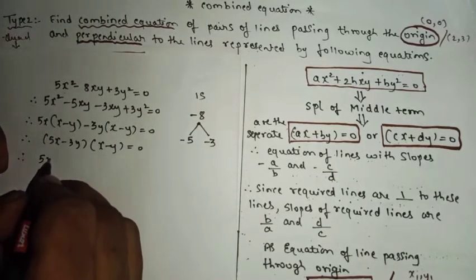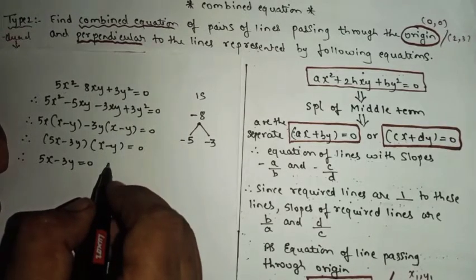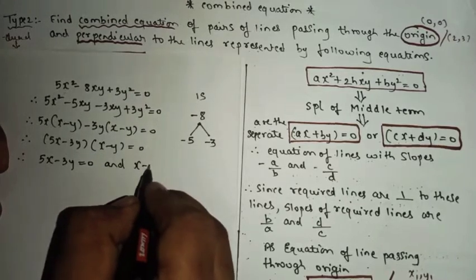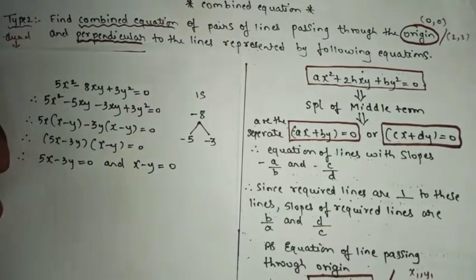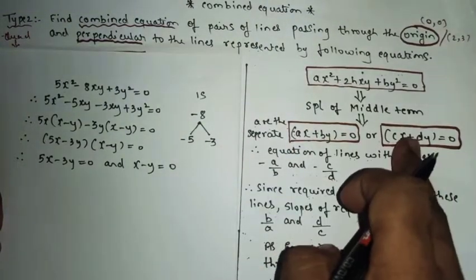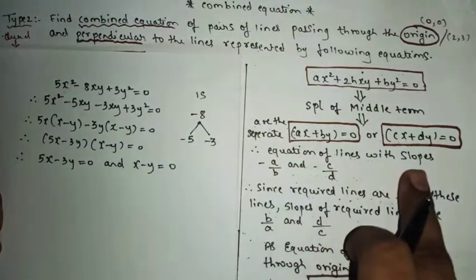Separate this equation: 5x minus 3y equal to 0, yes or no? And the second will be what? x minus y equal to 0. So here we got two separate equations. Yes or no?